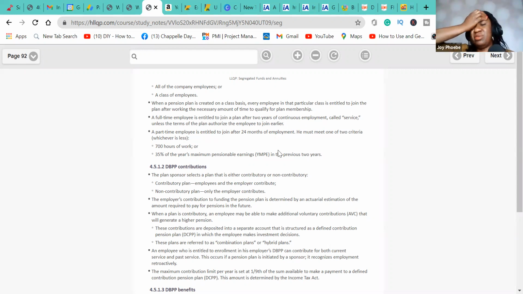In some organizations, for a full-time employee, you cannot join the plan until you've worked for 2 years. In some organizations, you need to have worked for a whole year before you can join the plan. But these are things that one can negotiate with your HR. When an organization is so willing to hire you, you can negotiate for immediate participation in the retirement plan.